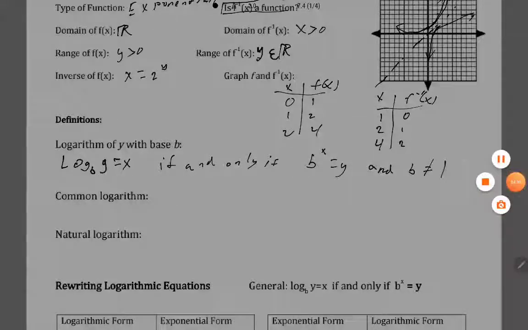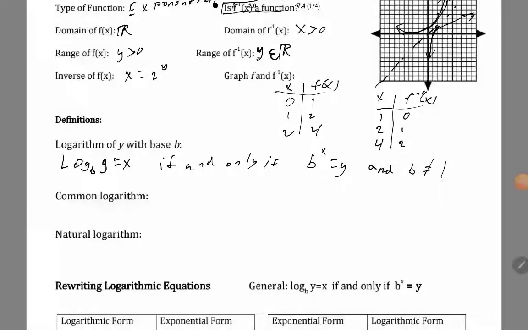Y must be positive, and b must be positive.